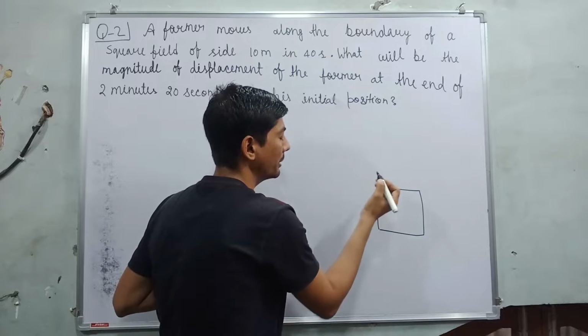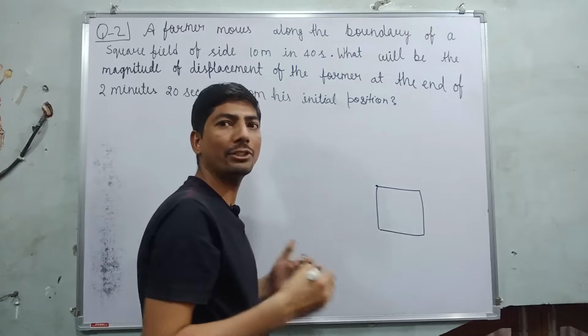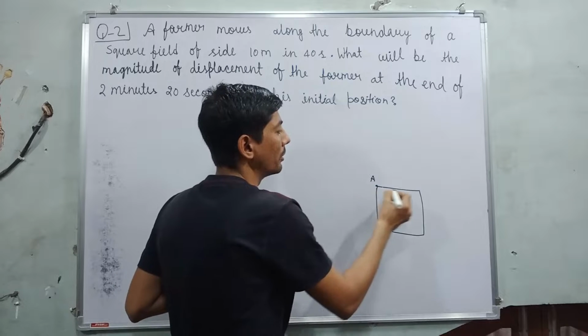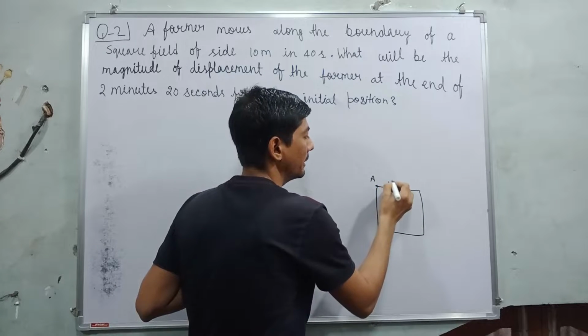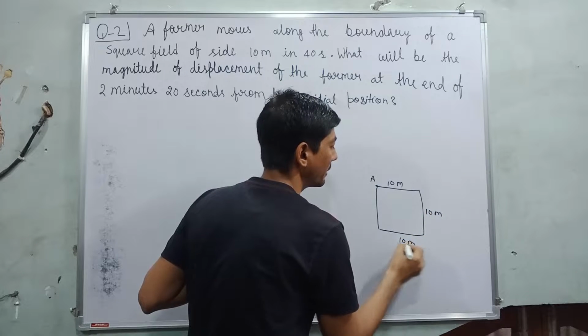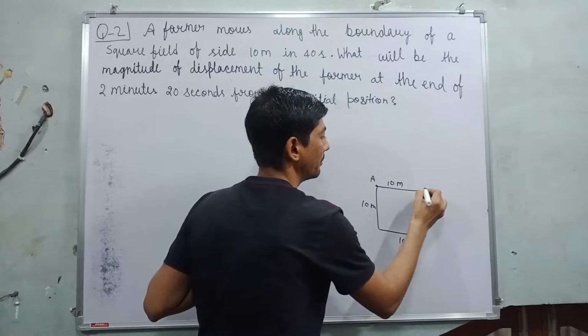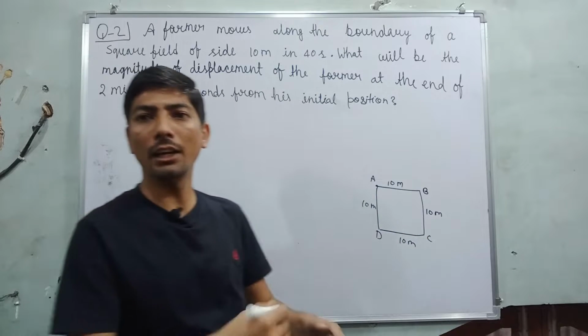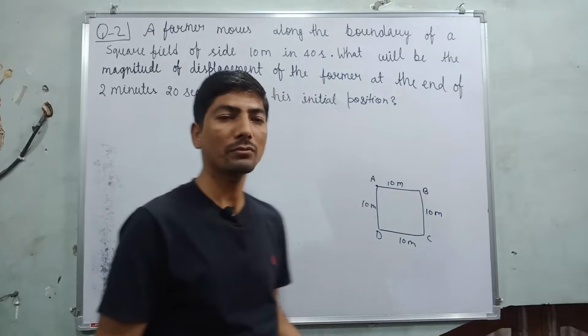This is the initial position from where the farmer starts moving. This is initial position A, and this is 10 meter, 10 meter, 10 meter, 10 meter, B, C, D. This is the field along which the farmer moves.